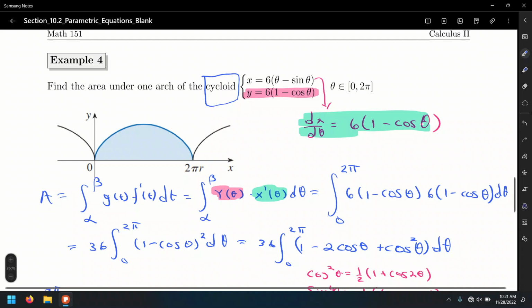All it does is bounce up and down above the x-axis. In this case, our r right here is 6, and we are integrating between 0 and 2 pi r. Well, that's really the area between 2 times pi. That's really 12 pi. All right, that completes at least one cycle of the cycloid.